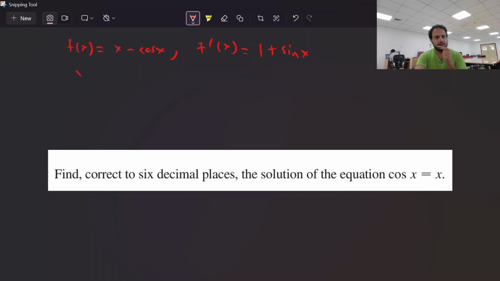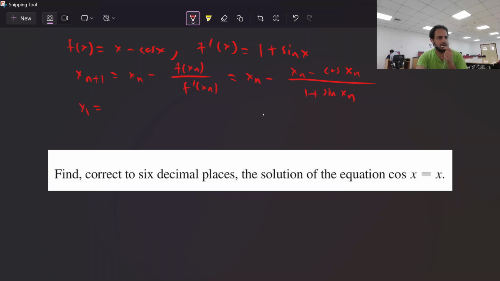What's the formula? x_{n+1} equals x_n minus f(x_n) over f'(x_n). This equals x_n minus, substituting x_n in f(x), x_n minus cosine x_n, over f'(x_n), which is 1 plus sine x_n.